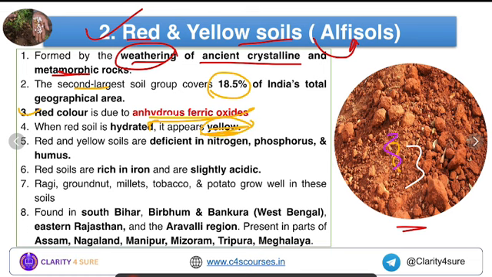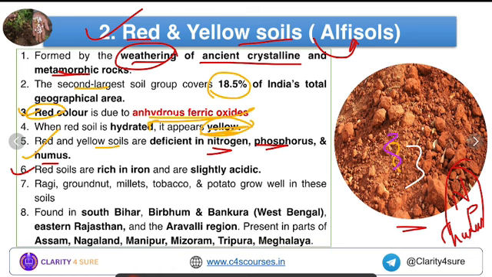So these are the reasons why it looks red and yellow. Next important fact is that red soils and yellow soils are deficient in nitrogen, phosphorus, and humus. They are N, P, and humus deficient soil. Just keep this in mind again.